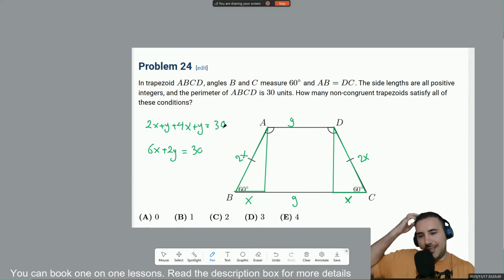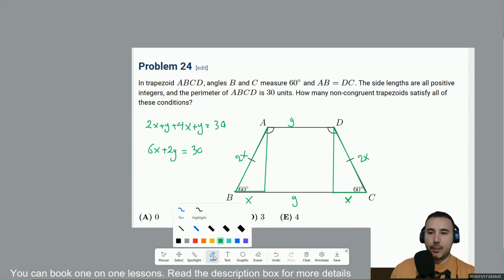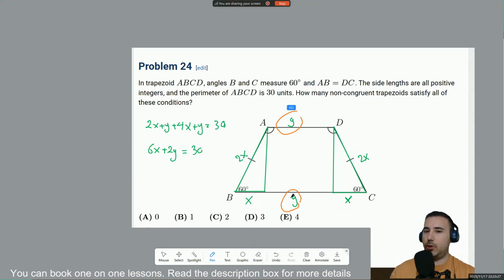Now, we need to analyze this. Look, y should be an integer, of course, because y is this side. If this one is 14.5, for example, the question says the side length, all of them. So y has to be an integer.